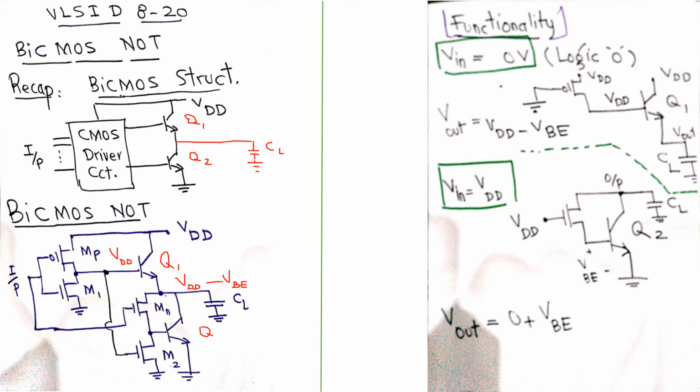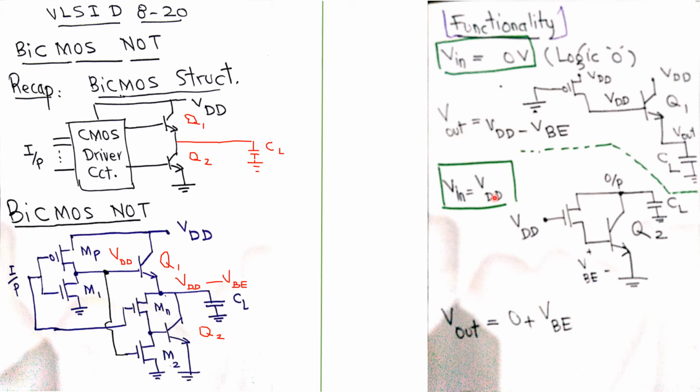This means the base is at 0 and the emitter terminal is also at 0 volts. This means the base emitter junction is not forward biased. So we get a voltage V output high is VDD minus VBE. This is what is explained here.